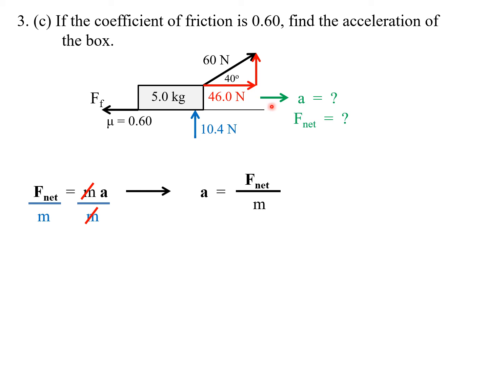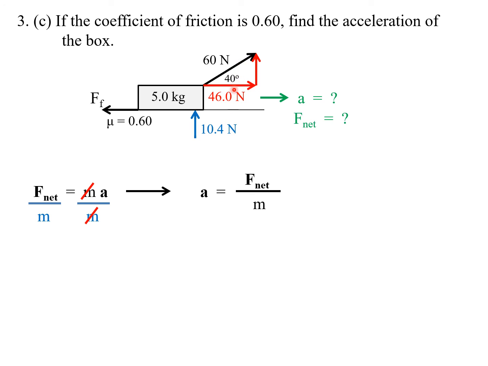The net force is acting in the horizontal. What other forces are acting in the horizontal? Well, we have friction acting to the left, but we also have the horizontal component of the force from the rope. So we have really two forces acting in the horizontal.